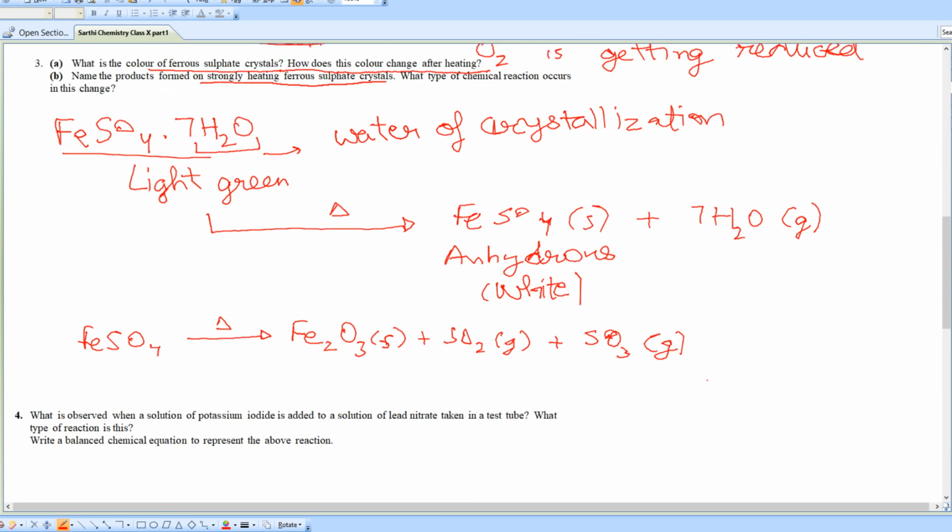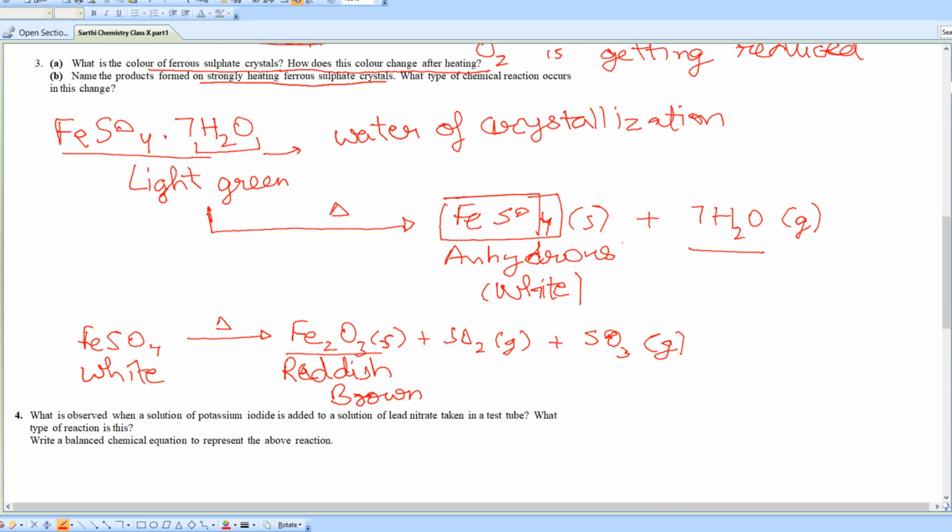So ferrous sulfate, when we heat it slightly, then it loses water molecules. And after we have got this anhydrous form, if we continue heating this, then ultimately we get ferric oxide. So this is white solid, but ferric oxide is reddish brown.